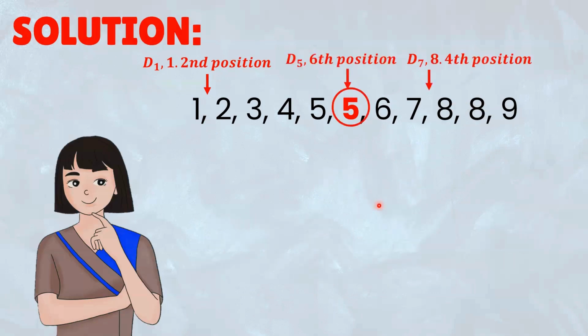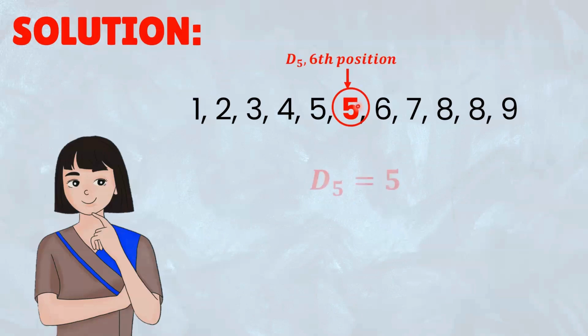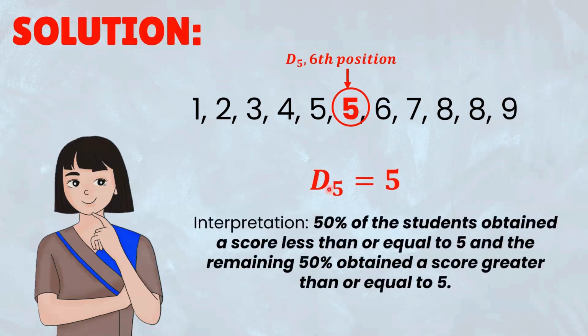Next, for the decimal 5 value, which is equal to 5, a score of 5, which falls on decimal 5 value, means that 50% of the students obtain a score less than or equal to 5, and the remaining 50% obtain a score greater than or equal to 5.